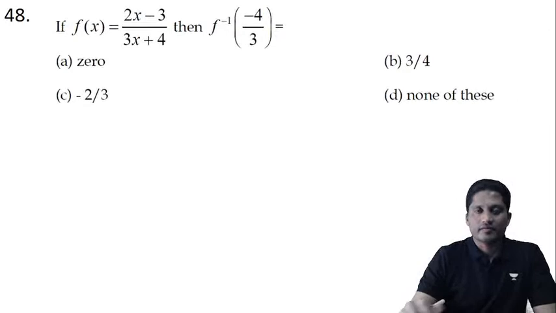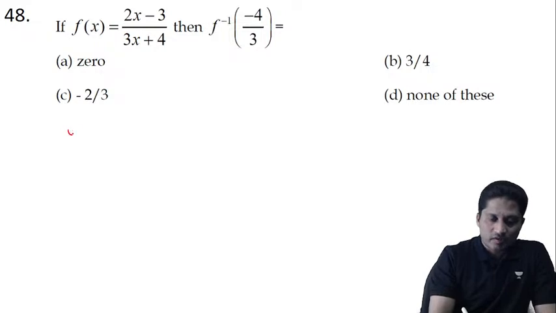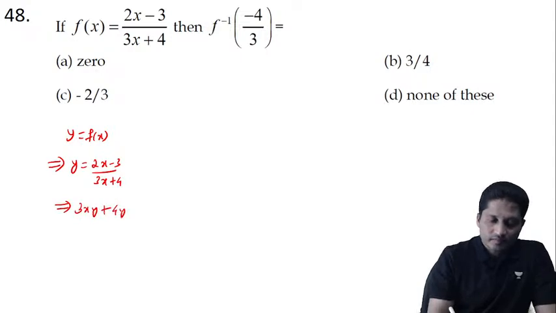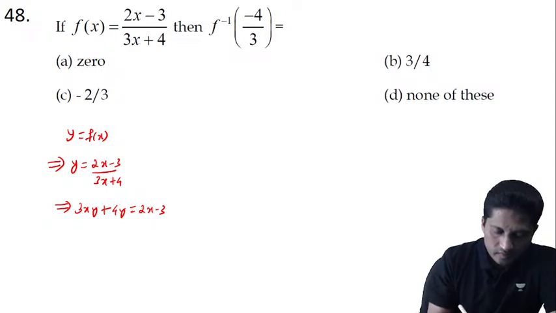I am supposed to find f inverse of minus 4 by 3. You take y is equal to f of x. y is a function of x, you should write x as a function of y, right? y equals 2x minus 3 divided by 3x plus 4. If you cross multiply, you get 3xy plus 4y is equal to 2x minus 3. So this is 3xy minus 2x.